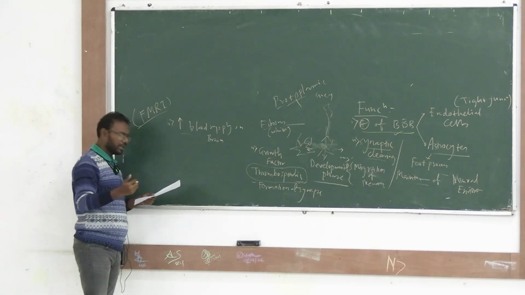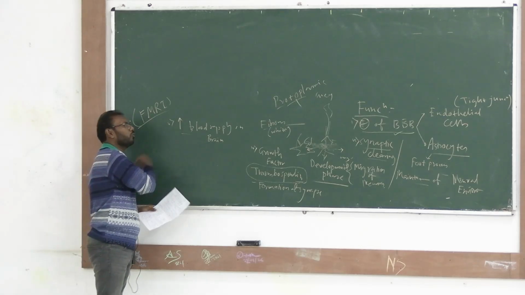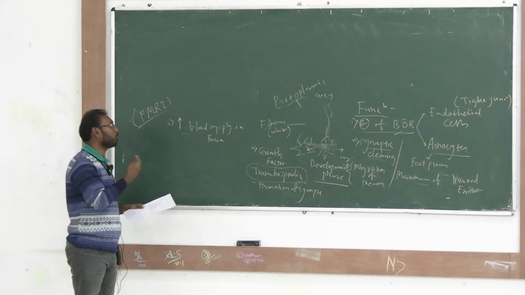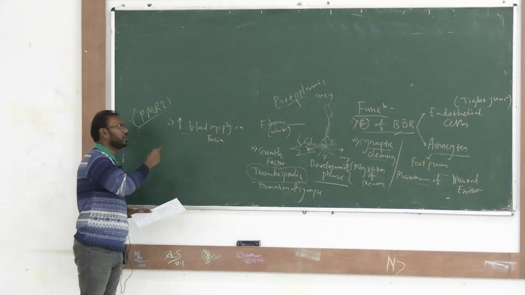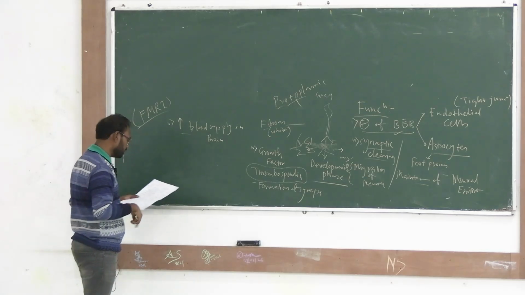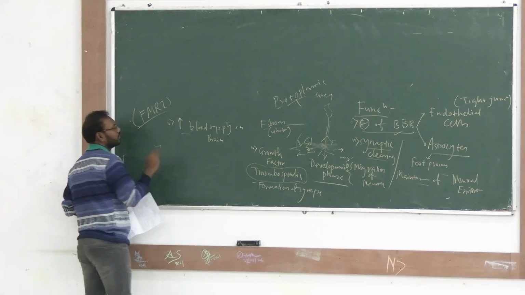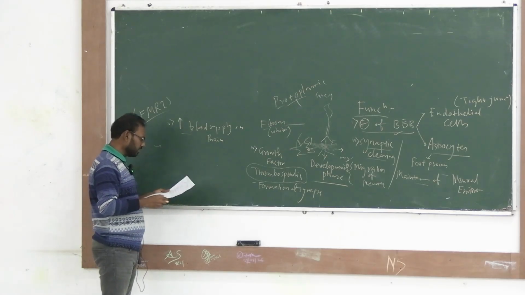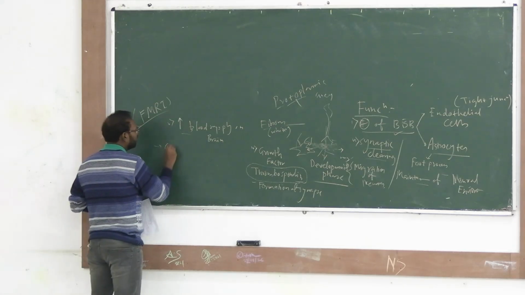Now, not why the cells need to work harder than the surrounding cells, but how the process happens, how the blood supply is increased. They take help of two important things. First of all, these astrocytes help to form glutamate.